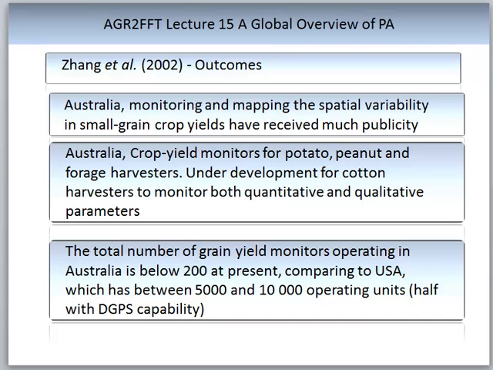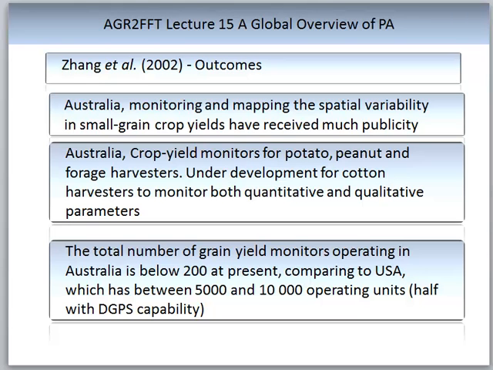In Australia, monitoring and mapping spatial variability has been seen in small grain crop yields, and it has received much publicity. Crop yield monitors exist for potatoes, peanuts and forage harvesters and are regularly used in Australia. Under development in Australia are cotton harvesters to monitor both quantitative and qualitative parameters.